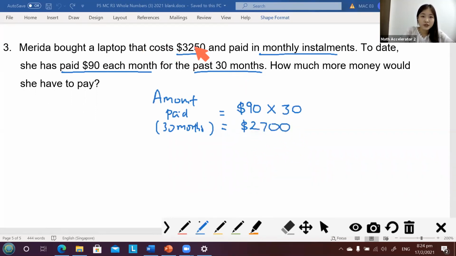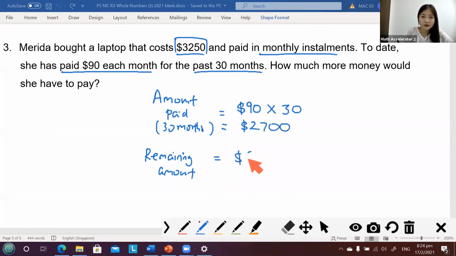But she needs to pay a total of 3250. So how much more money would she need to pay? What's one more step that you need to take? The remaining amount. Okay, good. You subtract.